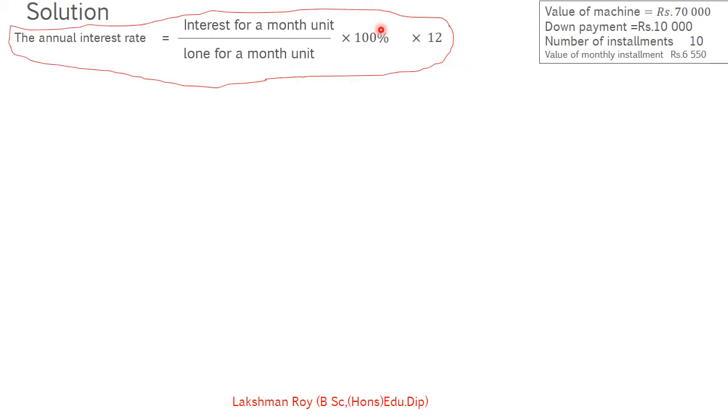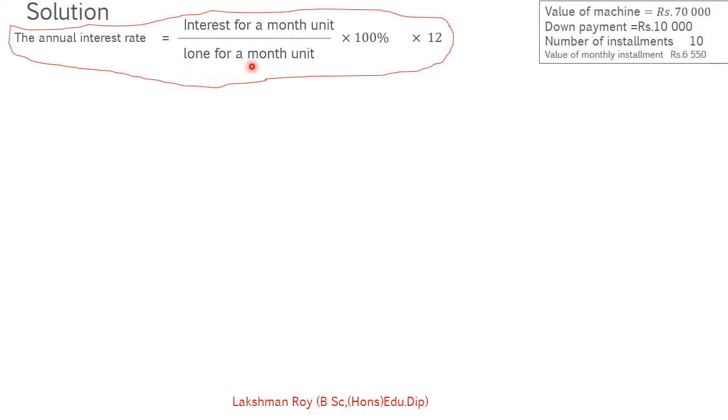If you find these two things, interest for a month unit and loan for a month unit, then using this formula you can calculate the annual interest rate. Try to remember this formula. Then step by step we'll discuss how to find the loan for a month unit and the interest for a month unit. First, loan for a month unit.